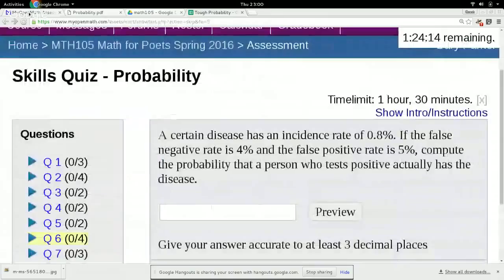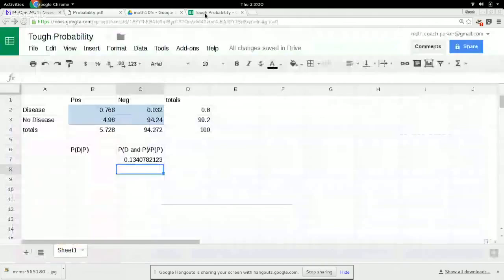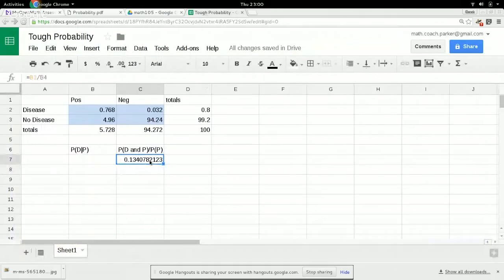So let's see what we get. We want to answer this to 3 decimal places. And they want us to compute the probability. Notice they don't state the probability as a percent. There is no percent symbol on the outside, so they want a decimal answer to at least 3 decimal places. So 0.134 should suffice.